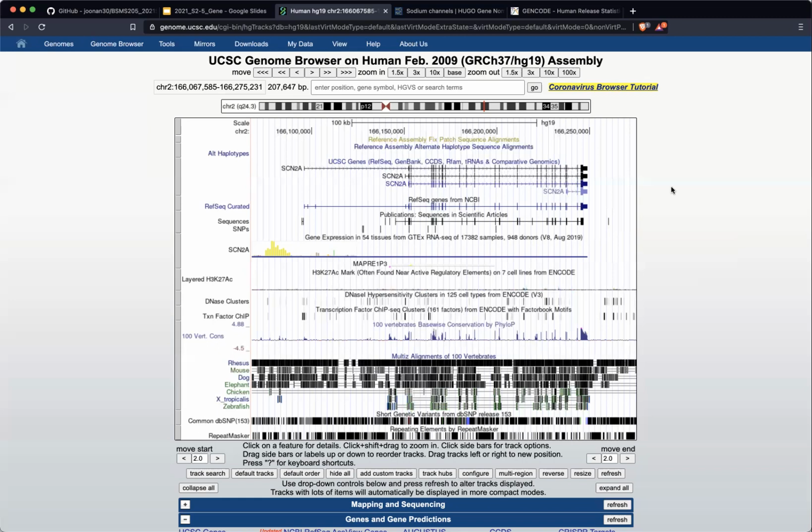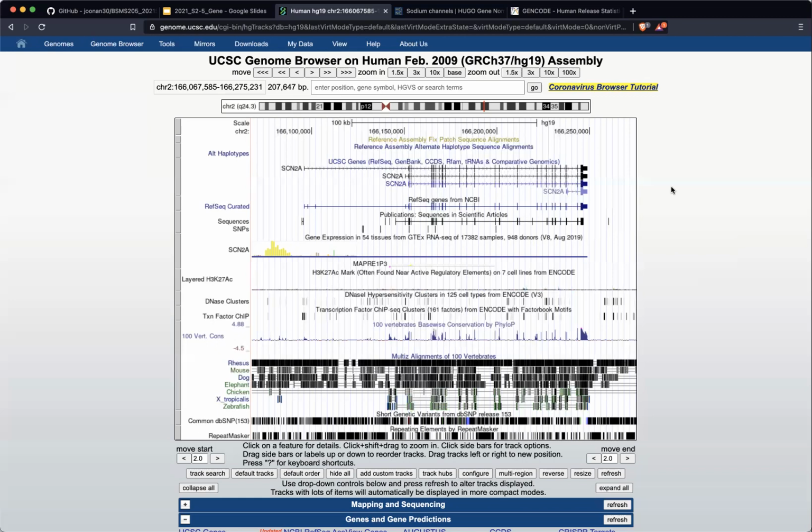The reason is that having multiple transcripts can actually work in different molecular situations. So for instance, SCN2A is expressed in the brain, but SCN2A is also expressed in your heart, right?